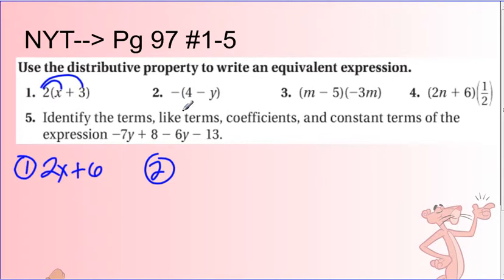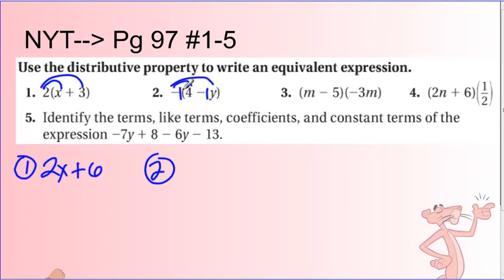That one's tricky. Here we have just a negative sign out front. And here we have just a negative y, which, we know that's a negative 1y. What we haven't seen, at least we haven't seen it many times, is just a negative next to the parentheses. What that means is it is a negative 1 times this stuff.